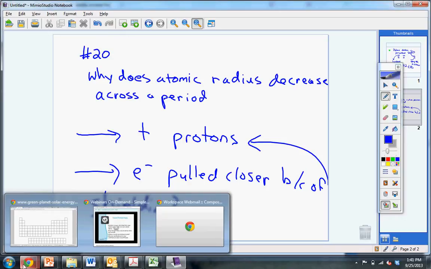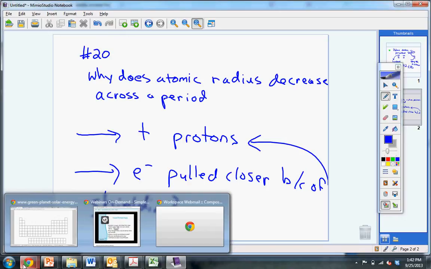As you go out, you have your nucleus here, which is attracting the electrons, then you have the orbits. The more orbits you have, would it shield the pull of the protons more or less?